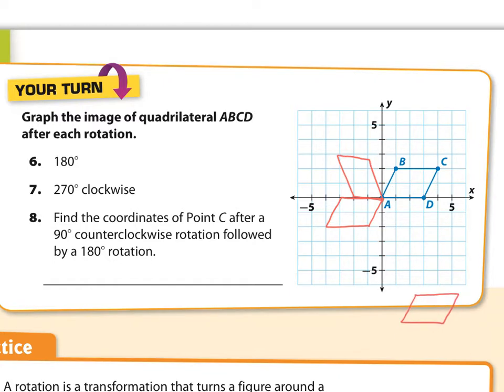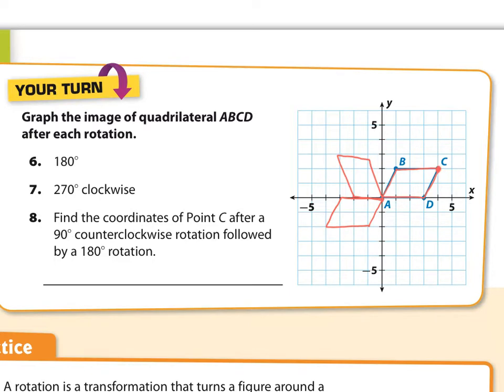And then lastly, I have the same quadrilateral, right, starting at that A, B, C, D. And then I want to find the point C. So I'm going to add to this. Point C is this one right here. I want to figure out where that's going to go if I go 90 degrees counterclockwise and then 180. So let's set this on a rotation.